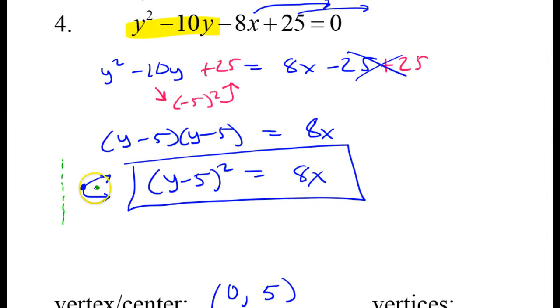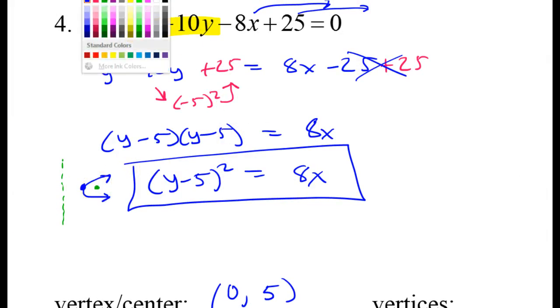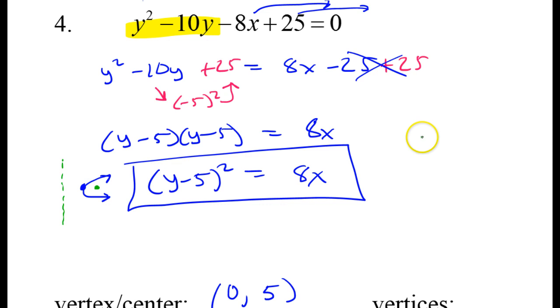Now I need to find the focus. To find the focus, it will be helpful to consider the value of 4p. All right, see this 8? That is 4p. So 4p equals 8. Dividing both sides by 4 gives me p equals 2.